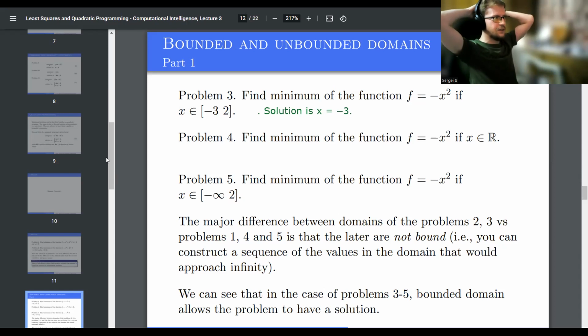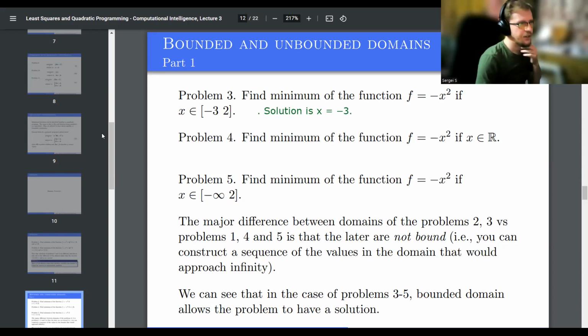So minus infinity to plus infinity. Okay. Infinity is not a number. So when I ask for a solution, unfortunately, I cannot accept the answer infinity. It is reasonable enough, I don't disagree, but when we talk about computer implementations, infinity is almost the same as not a number, right? So it's not really an answer.